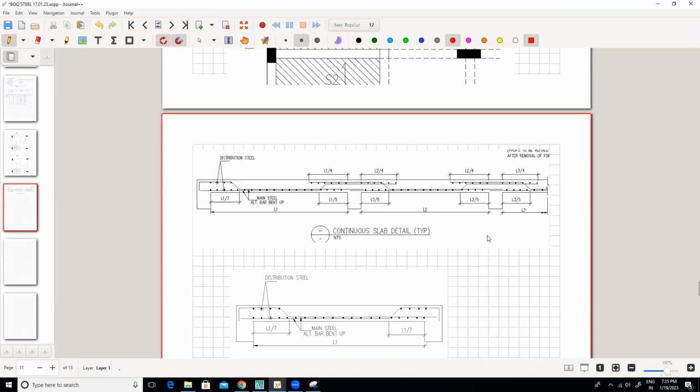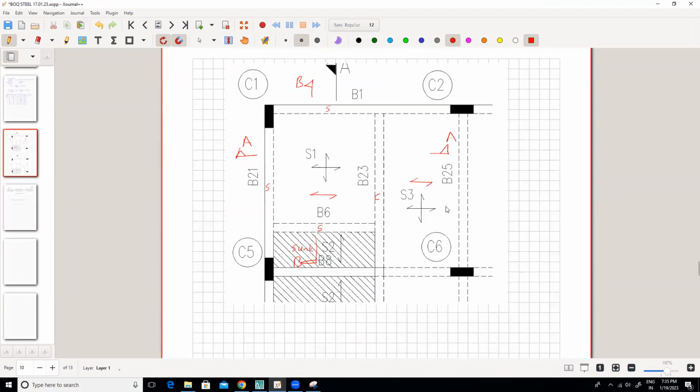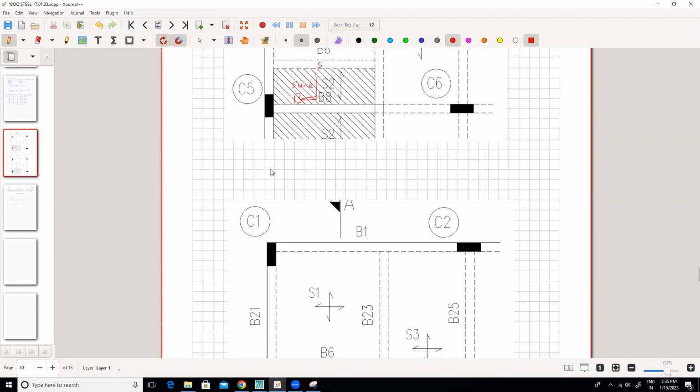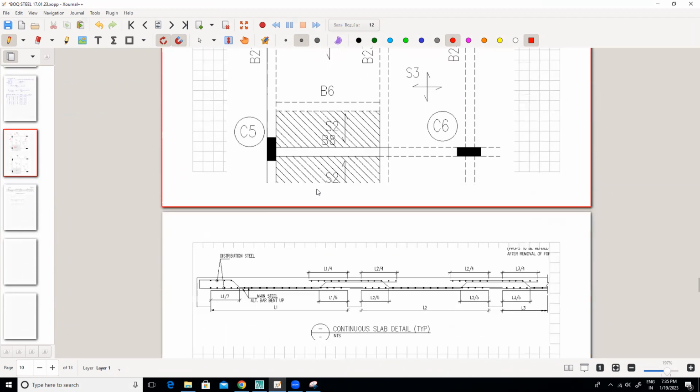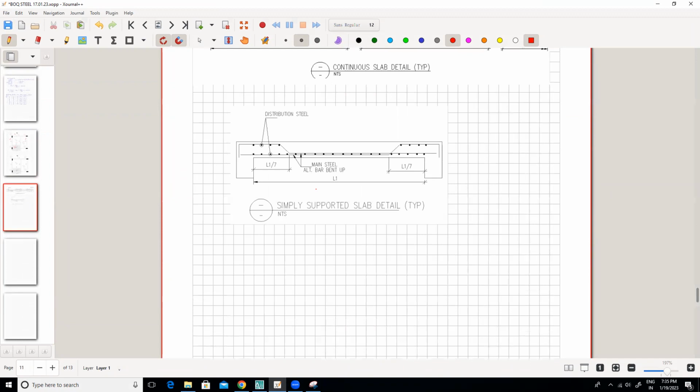Okay. Section AA will be your continuous. I'll do one thing. Let's take section BB, which is very easy. So you'll use section BB here.